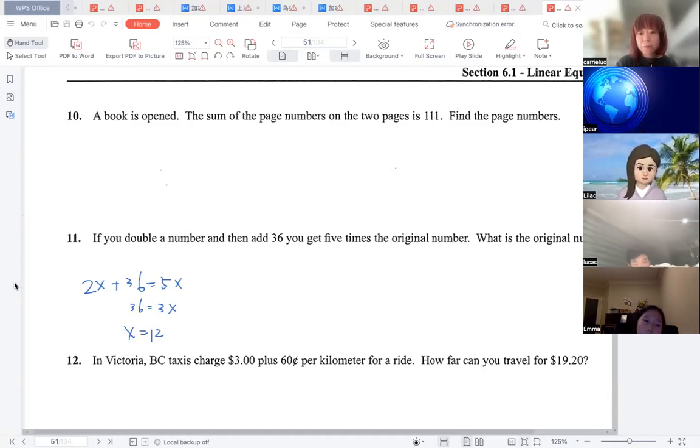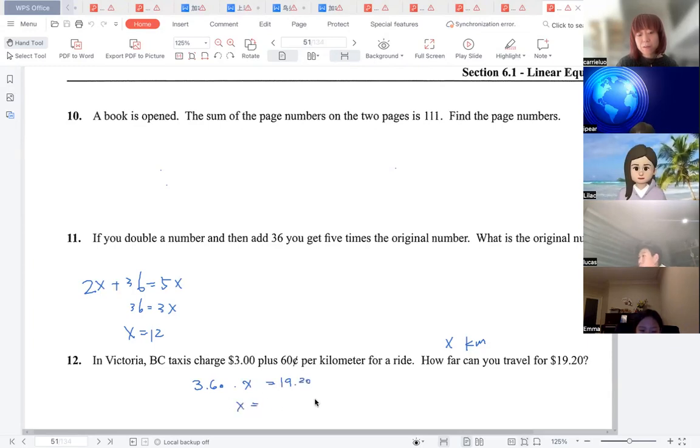Okay, in Victoria, BC, taxis charge $3 plus 60 cents per kilometer for a ride. How far can you travel for $19.20? Okay, within the algebra, you let x be how far you can travel in kilometers. So 3.60 times x equals 19.20.